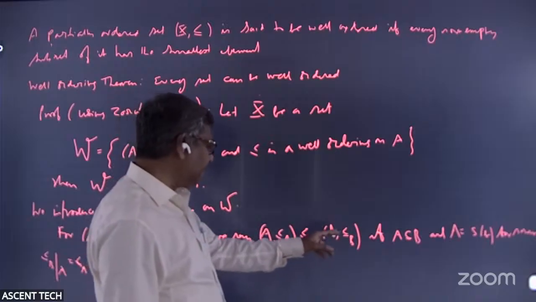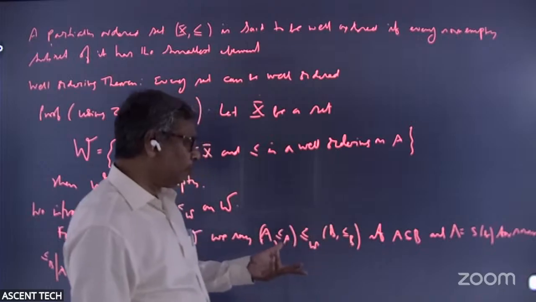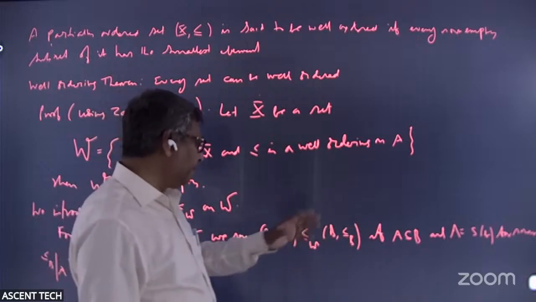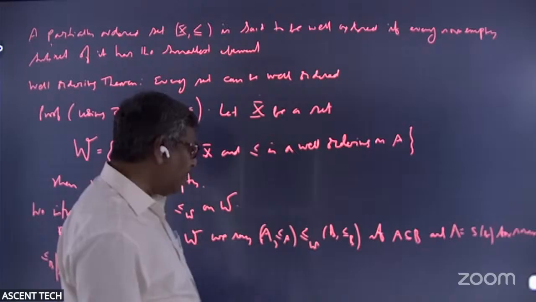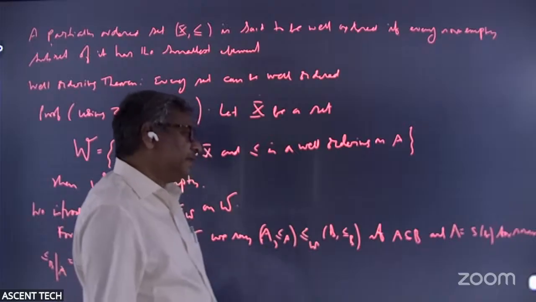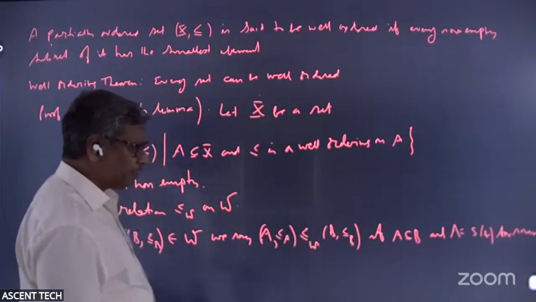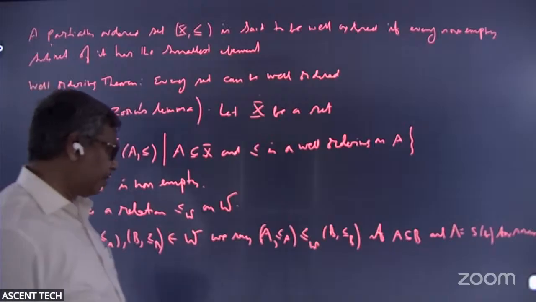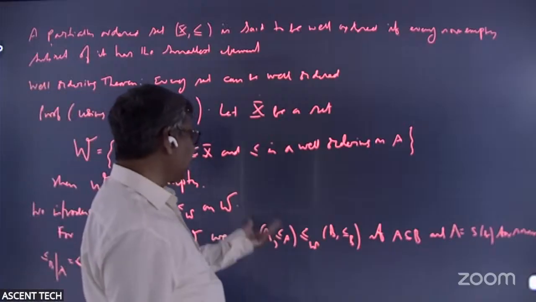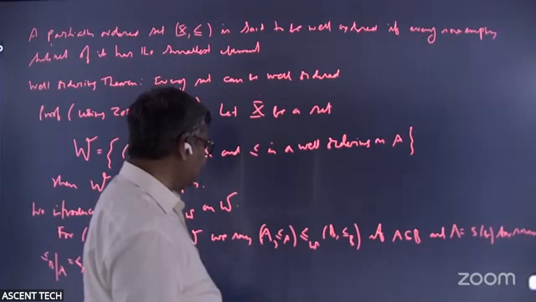It means that A1 is less than or equal to A2 in B, so the same inequality. If that happens, I say this is less than or equal to that. Otherwise, don't bother comparing the two things. That's not a problem. After all, that itself is compared to itself. Why not? We can do that.